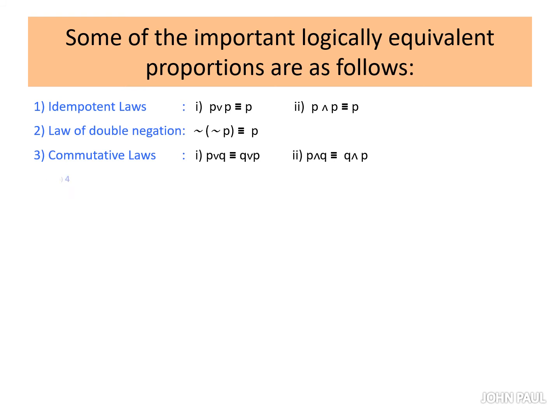Associative law: P or (Q or R) is equivalent to (P or Q) or R. This is associative for OR.